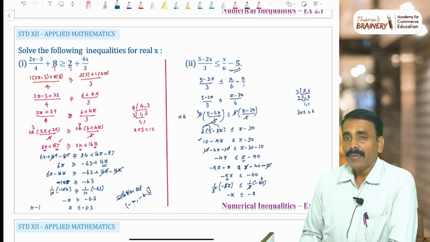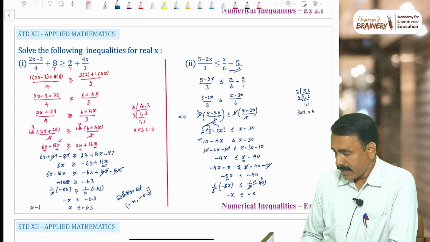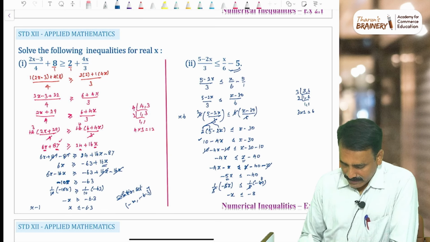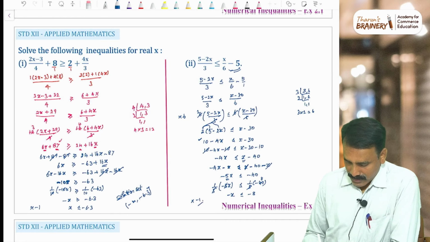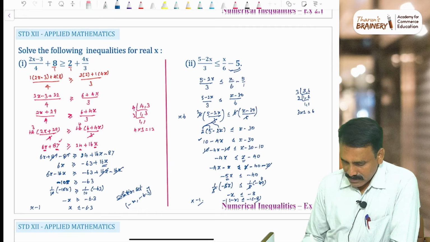So we remove that negative symbol by multiplying with minus 1. So minus 1 into minus x less than or equal to minus 1 into minus 8. What will happen in this case? Minus into minus is plus.